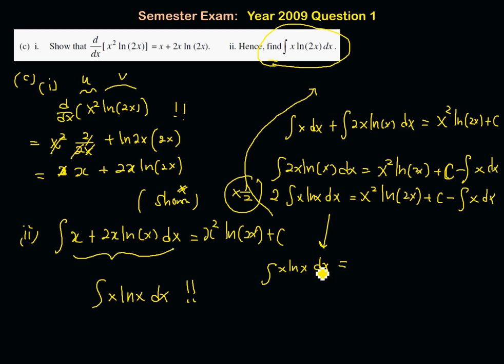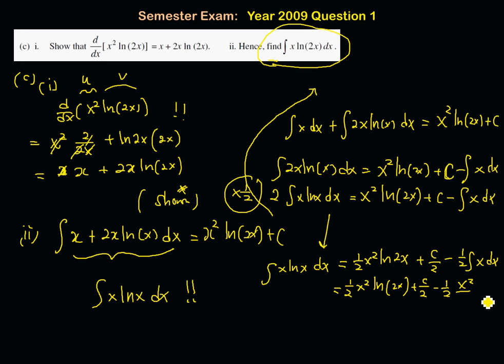But here you have half x squared ln 2x plus c over 2. Keep it as c over 2 for the moment. And this is half the integral of x. So now the left hand side is done. We leave it and we deal with this ln 2x. Still c over 2, and here would be x squared over 2 plus another constant like c1.